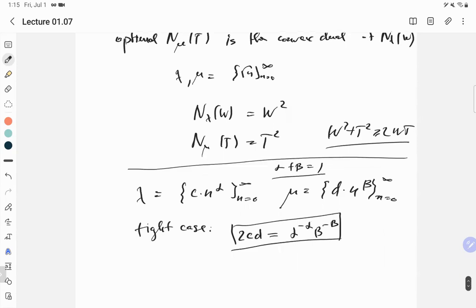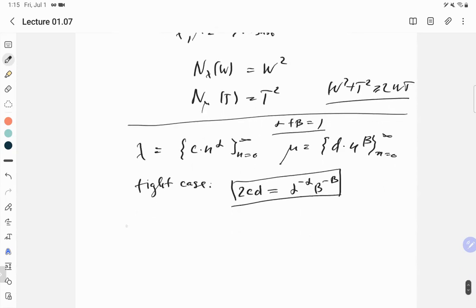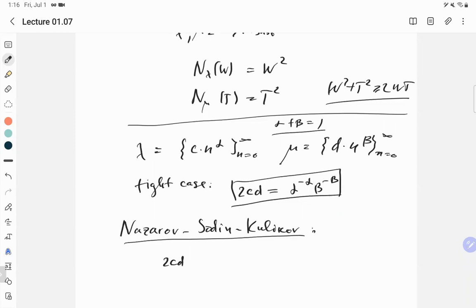Like I said, until recently we had almost no examples of these Fourier uniqueness pairs, but there was a very nice work, which as far as I know still hasn't been made available, by Nazarov and Sodin, and now I think another person joined, Kulikov.